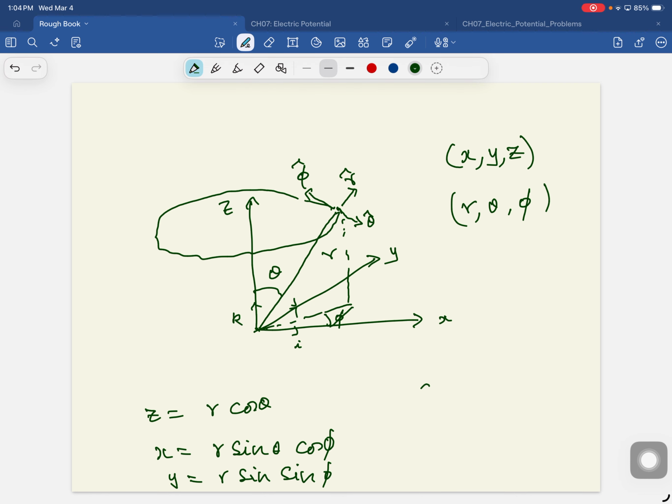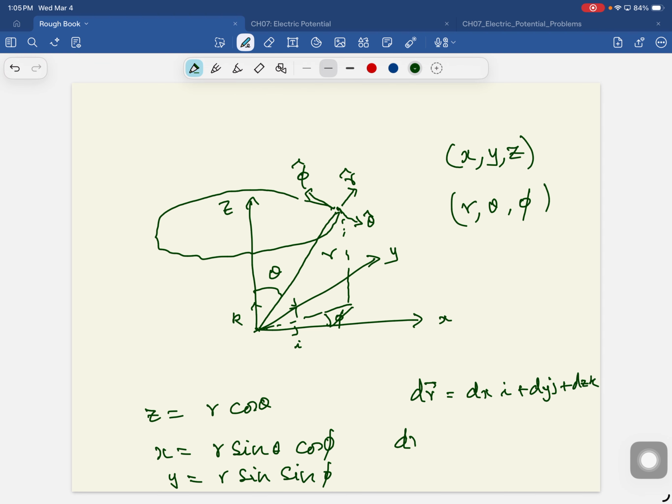All right, so a small displacement dr in Cartesian coordinates can be written as dx i plus dy j plus dz k.